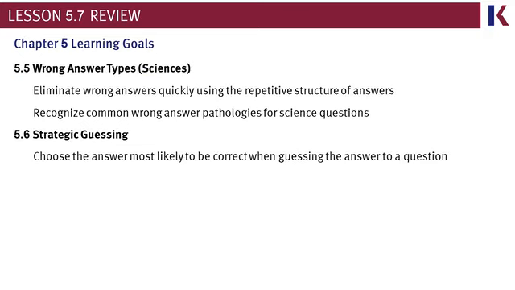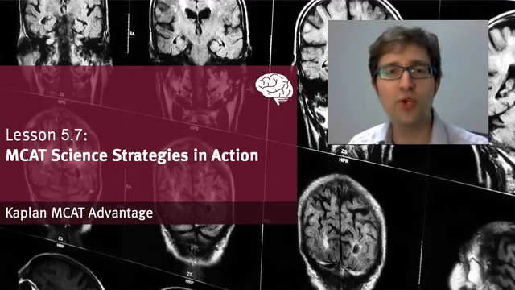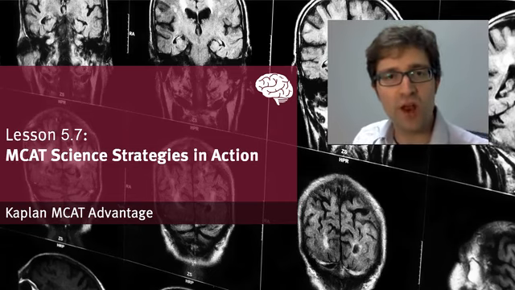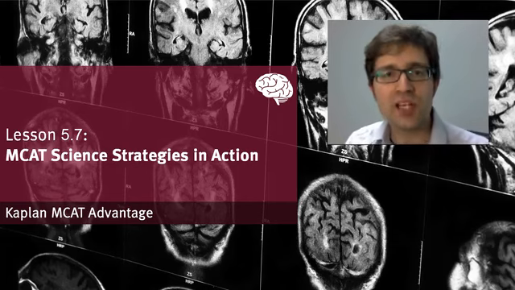Then there were lessons about wrong answer types and how to guess when you don't have time or when a question is too hard. So in the end, this lesson and your prep for the science sections in general are about 2 main themes. The first is about strategy, good ways to mold your brain to attack these questions, and the second is about expertise.